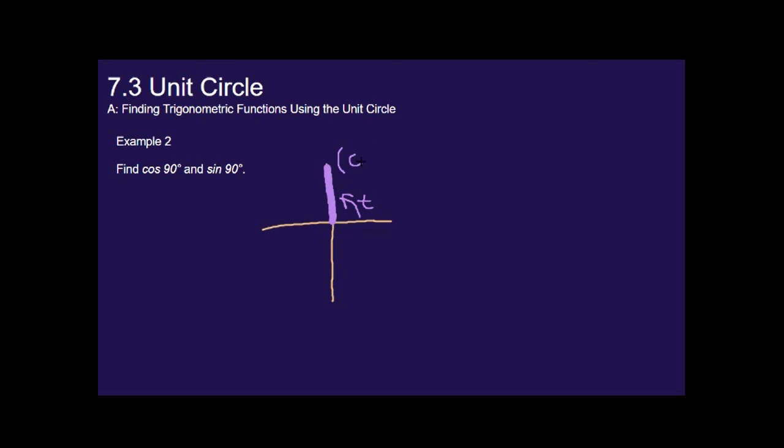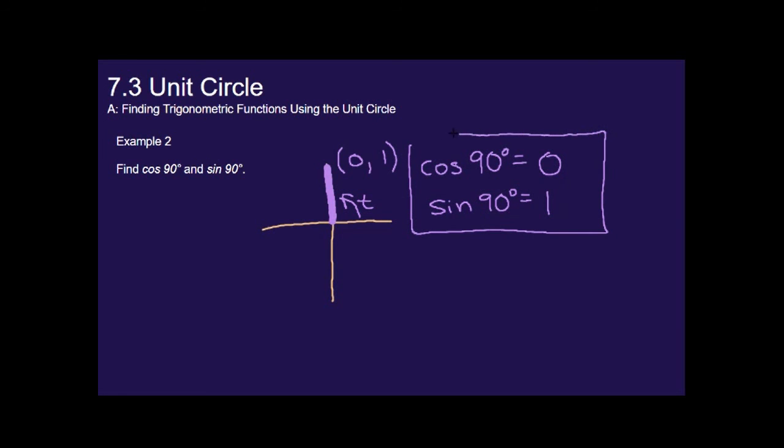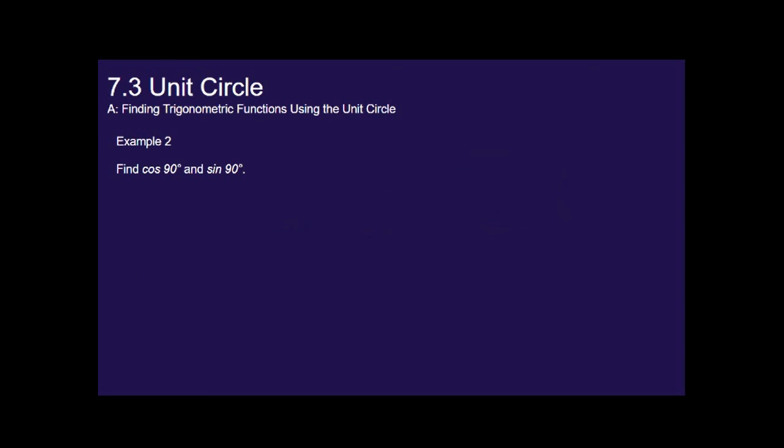The x is 0 and the y is 1. Therefore, the cosine of 90 degrees is equivalent with the x, which is 0, and the sine of 90 degrees is equivalent with the y, which is 1. So that's how you find the sine and cosine of 90 degrees.